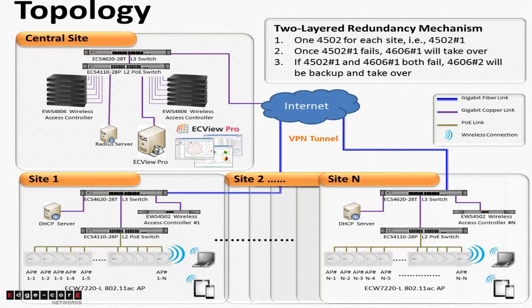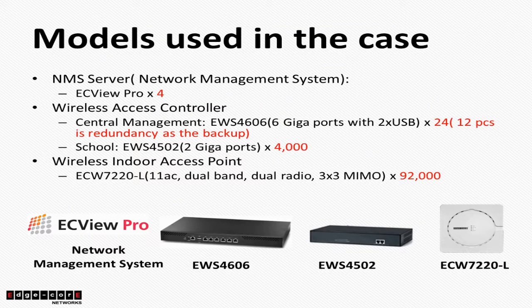So we keep the whole system healthy, stable, and very robust. That is the whole solution for this Turkish case: the ECU Pro network system, access controllers, big and small, and the 3x3 MIMO indoor access point.